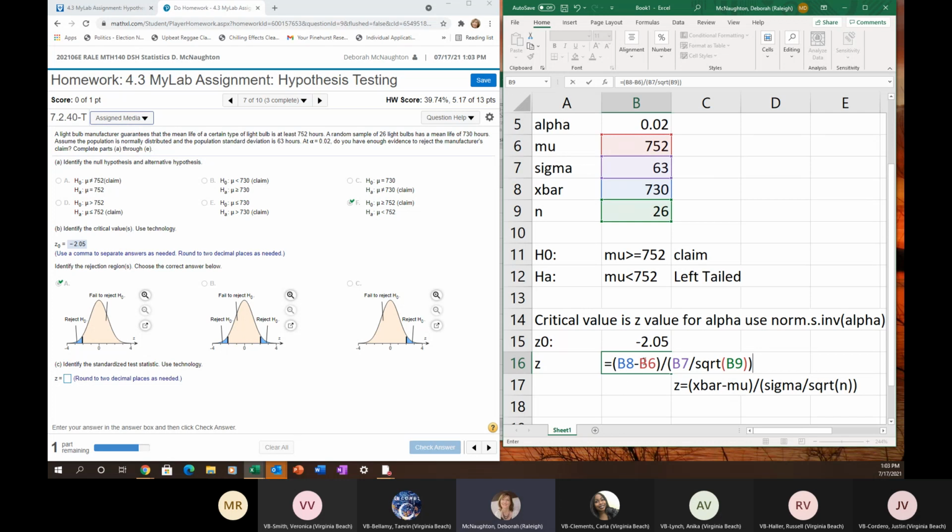Okay, and then this is nice. It shows me the colors: X bar blue minus mu red divided by sigma purple over the square root of n green. It should look like that. Okay, and that gives me negative 1.78. I think they also wanted that to 2 decimal places.